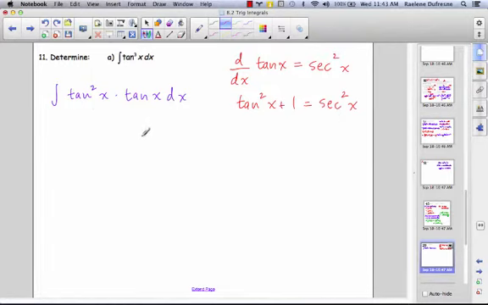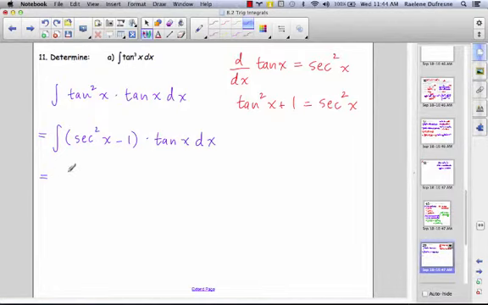From here, we could rewrite tan squared of x using the trig identity. That would introduce a secant squared x that we need if we wanted to come up with the derivative of tangent of x. We need a secant squared x. So let's do that. Tangent squared x is equal to secant squared x minus 1 times tangent of x dx.